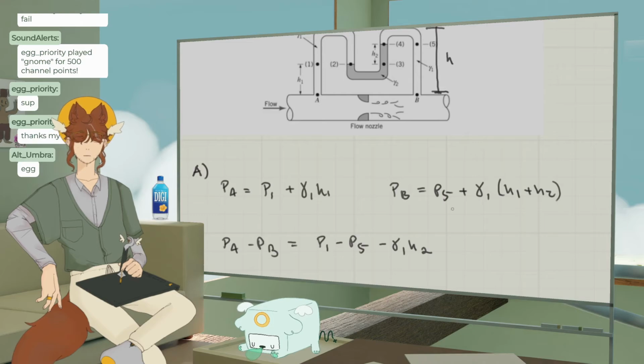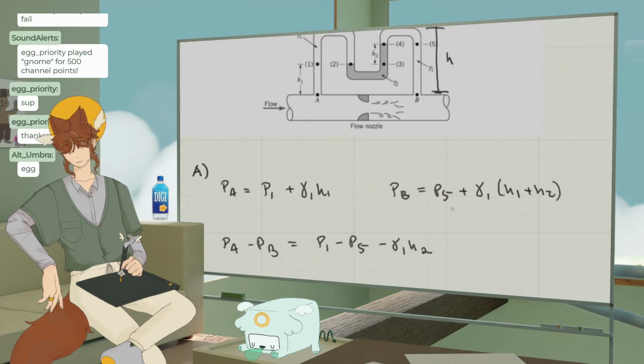Okay, wait. So PA equals P1 plus an extra height, sure. PB equals P5 plus both of the heights. Yes.